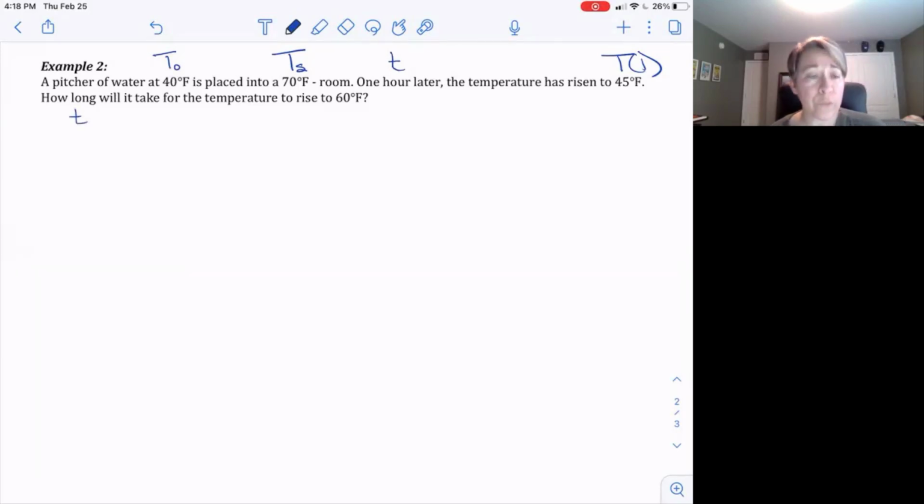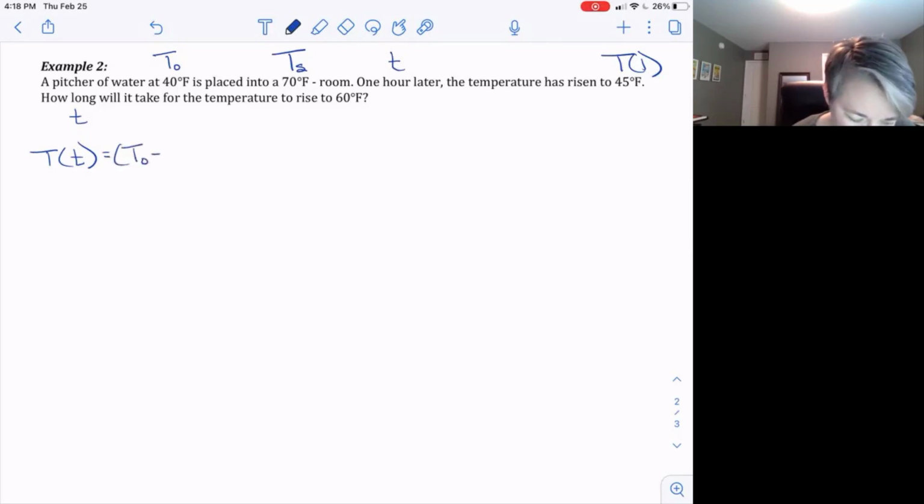Well, remember what our formula looks like. Capital T of little t, in other words, the temperature of the object, is a function of time. That formula is the initial temperature minus the temperature of the surrounding area times e to the RT plus the temperature of the surrounding area.